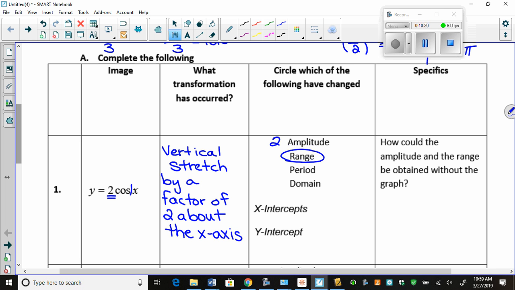Okay? So we're going to go over the range and how you can find it quickly. So the range is y such that my minimum is less than or equal to y is less than or equal to my maximum, y ∈ R. This is true every single time: min to max, and L shapes.